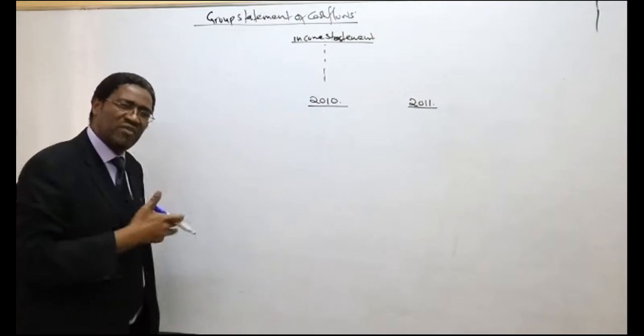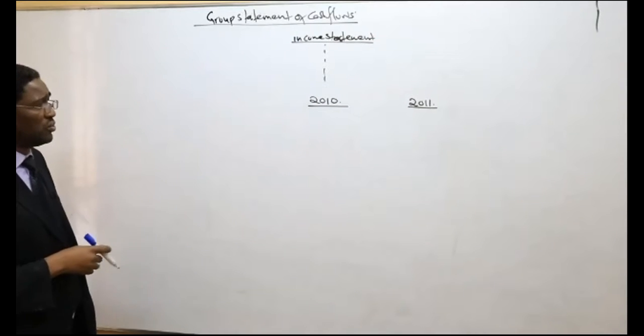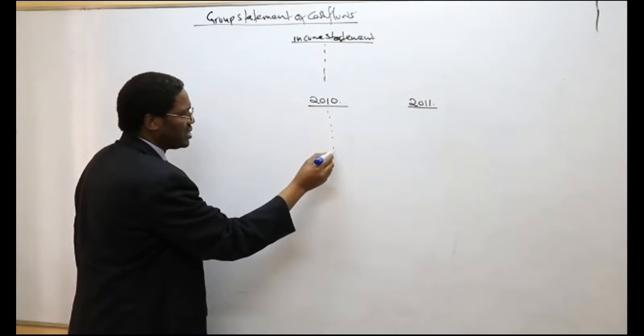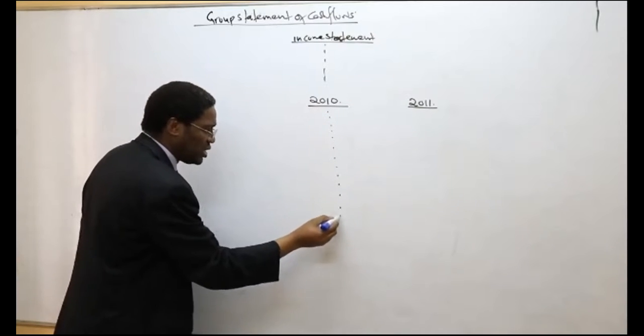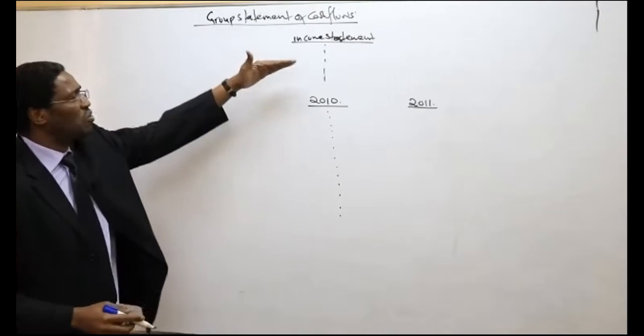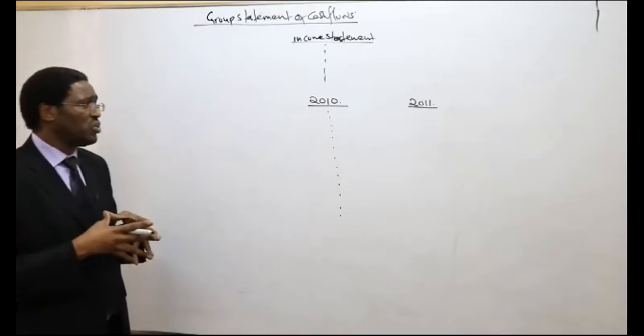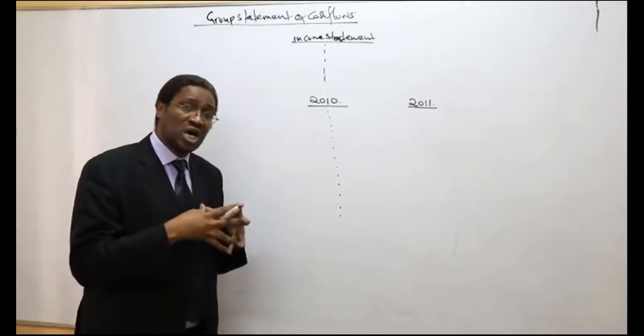Now, every time you're given a question on cash flow, the first thing to do is to go and analyze every item in the statement of financial position, seeing how those items will help you to prepare your cash flow statement.